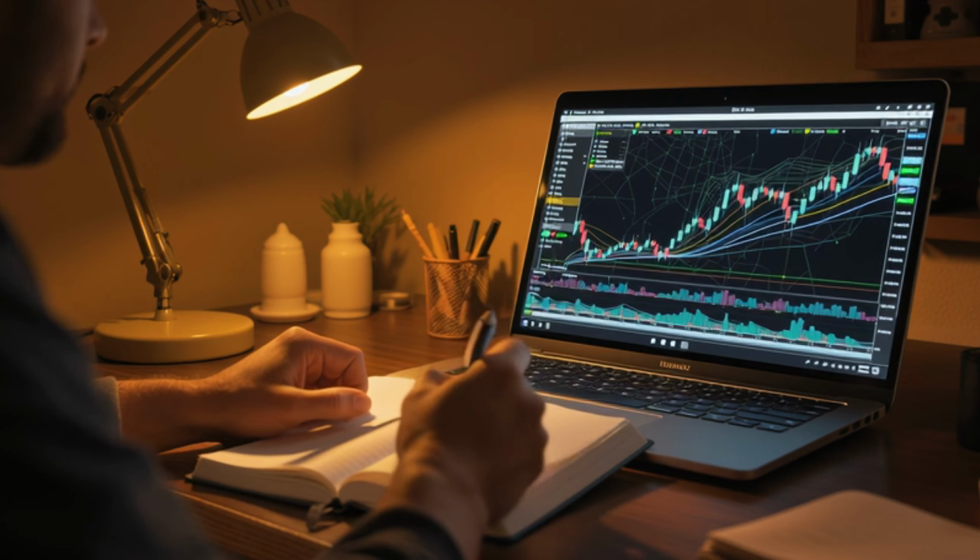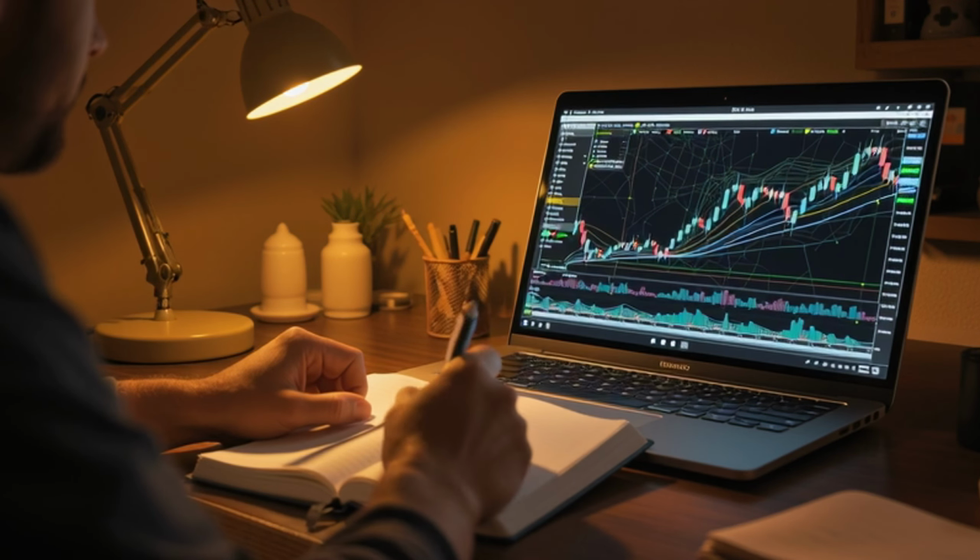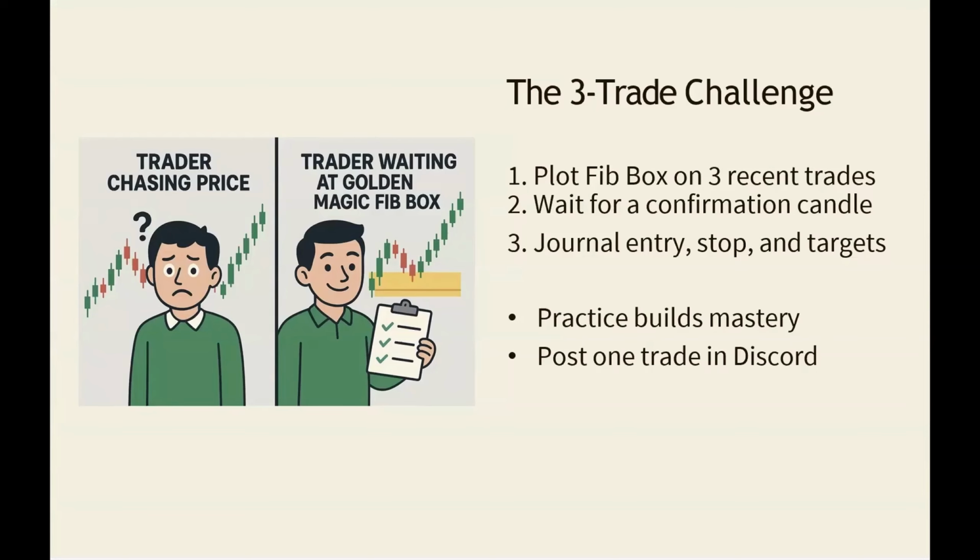Practicing this builds mastery. Post one that you found over on the mentoring piece of the Discord channel. Just one. And to show you how to do this, somebody pick a stock or an ETF. I'll give you an example, but you'll have to use something else. Give me a stock or an ETF, guys.